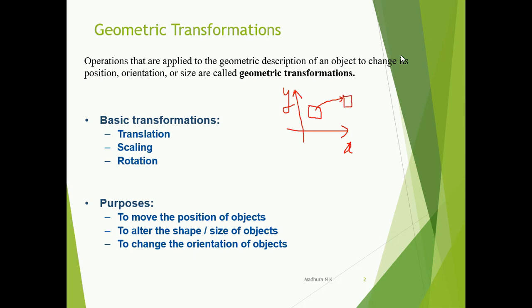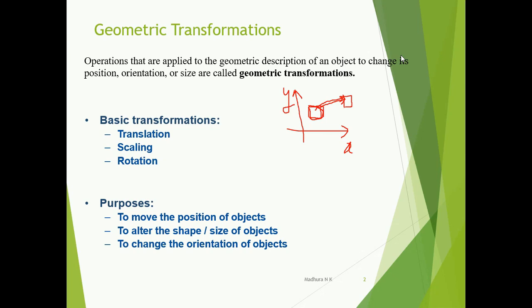Then you have actually moved the position of the object. So you have moved it from where it was to some other position, and that is called translation. So that is the meaning of translation.